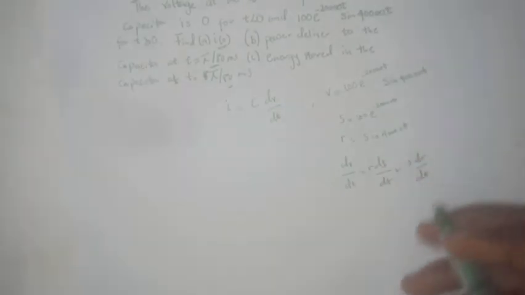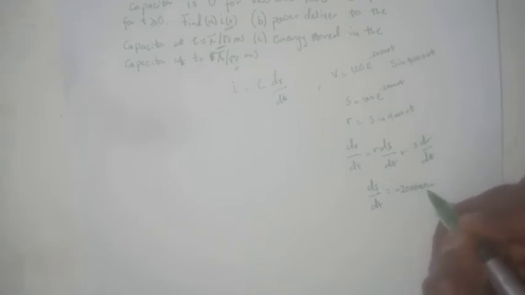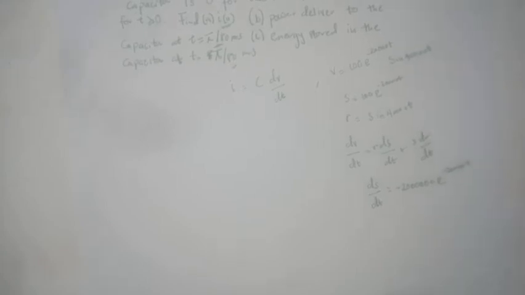Now, what would the value of dS/dt be? That would be minus 20,000 multiplied by 100 e raised to the power minus 20,000 t. So dS/dt would be equal to minus 2 million e raised to the power minus 20,000 t.